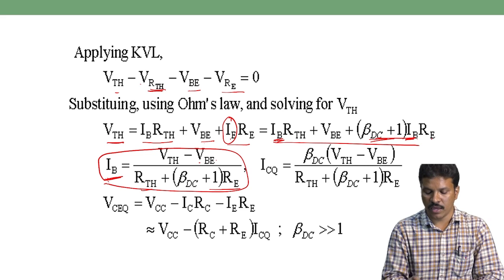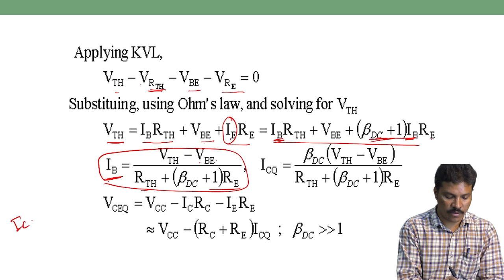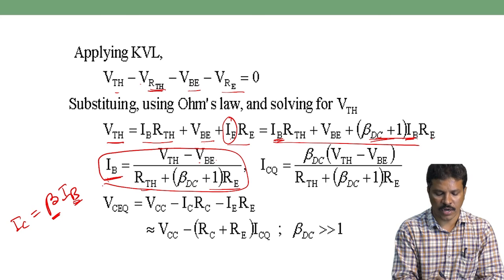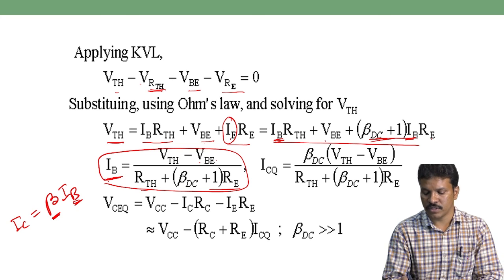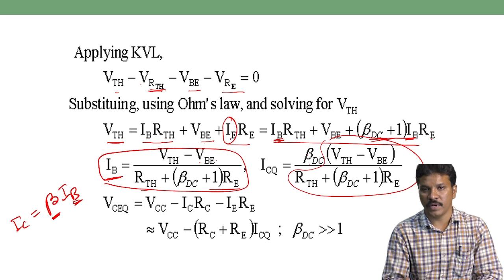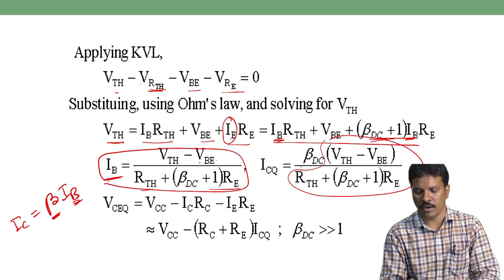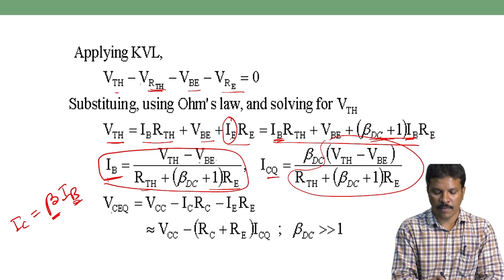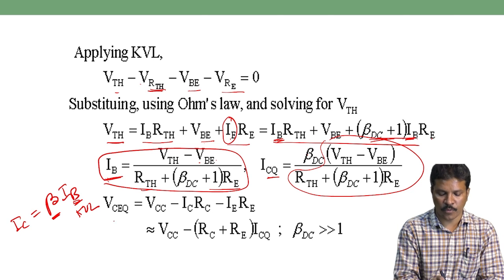Once we know IB, ICQ is equal to beta IB. So we have beta for this circuit, and this equation for IB. Multiplied by beta, for the DC load line we can get the DC Q point, one of the points. Then apply the Kirchhoff voltage law at the output side.